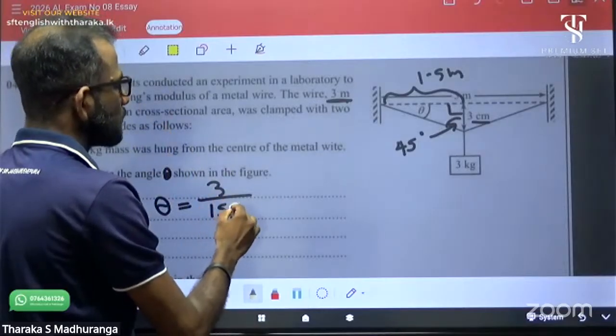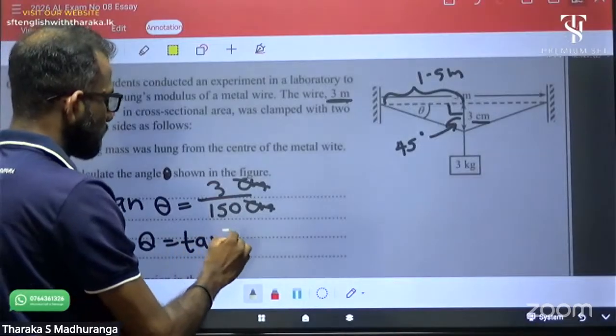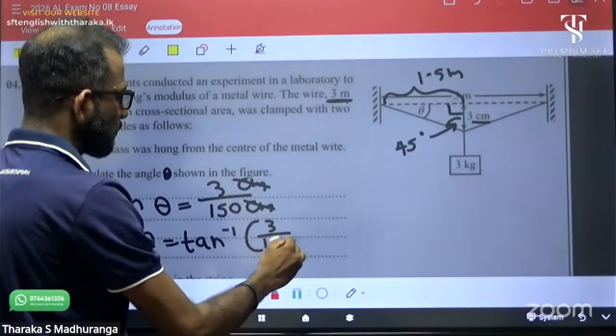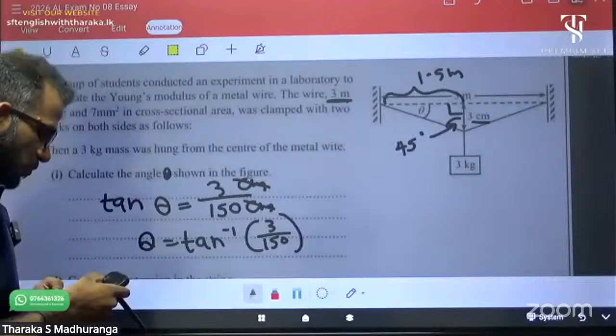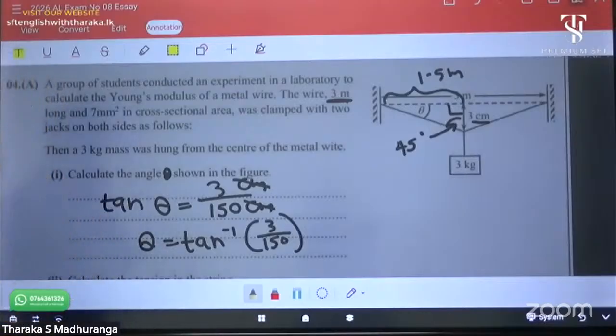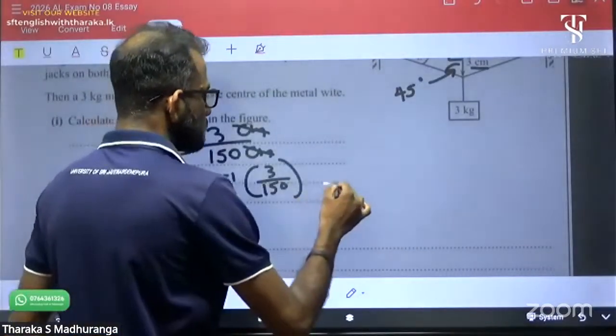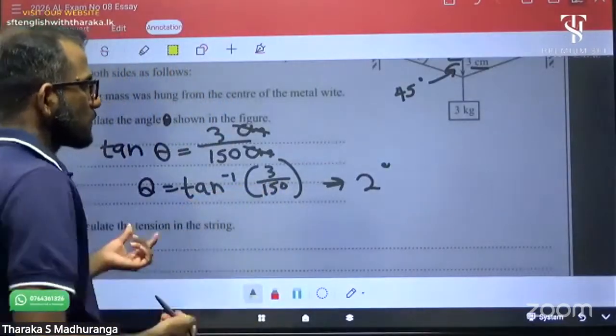Adjacent means 150 centimeter. It is a very small angle, approximately 2 degrees. Very small. 2 degrees.